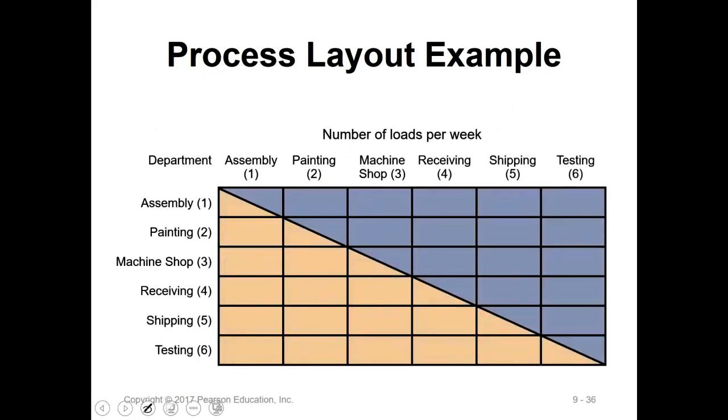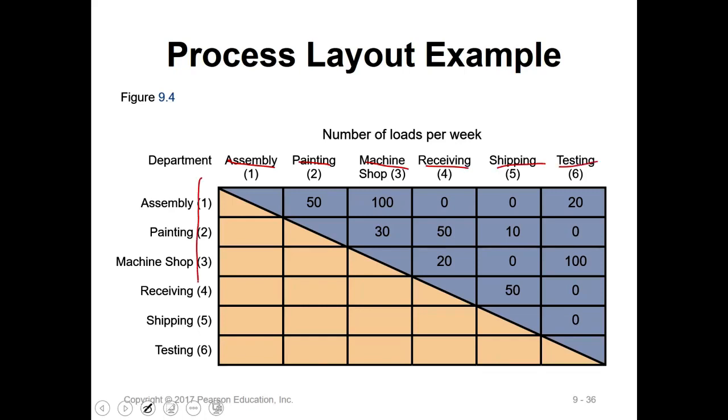This is a from-to matrix. Here they have 6 departments: assembly, printing, machine, receiving, shipping, and testing. That's the 6.